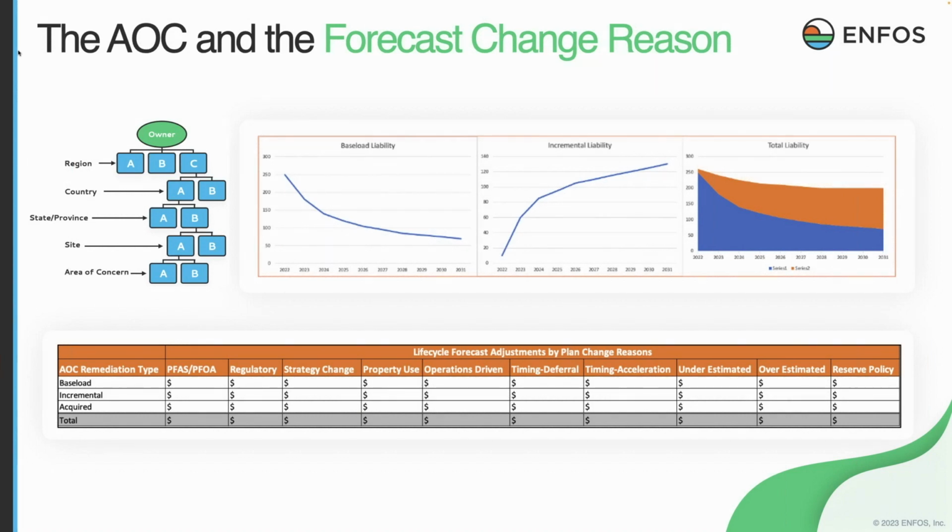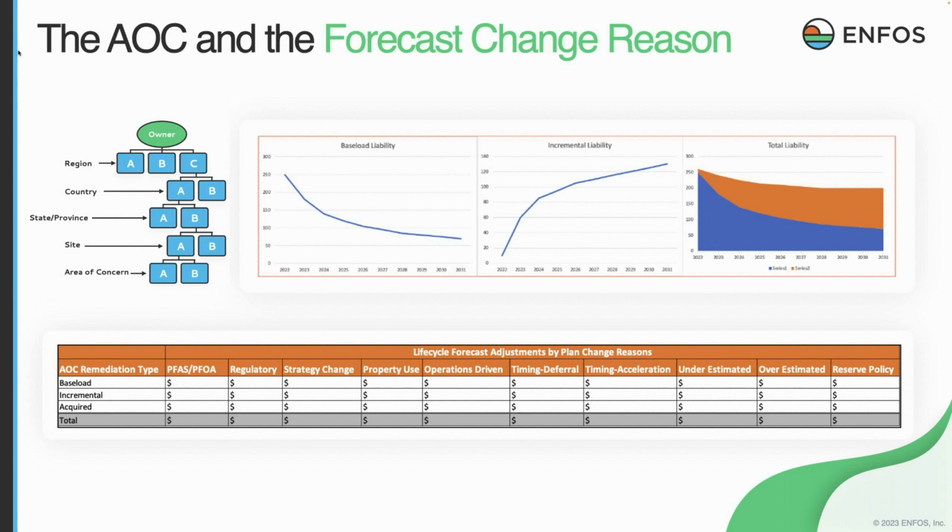When we have new sites and new areas of concern from new discoveries, new spills, new incidents, the AOCs get tagged in ENFOS as an incremental area of concern remediation type. That means it was not included in the original baseline or base load.